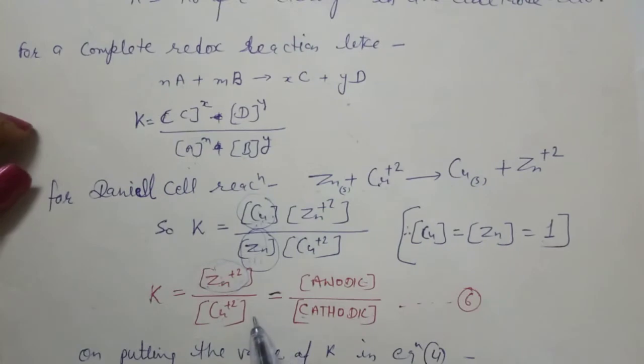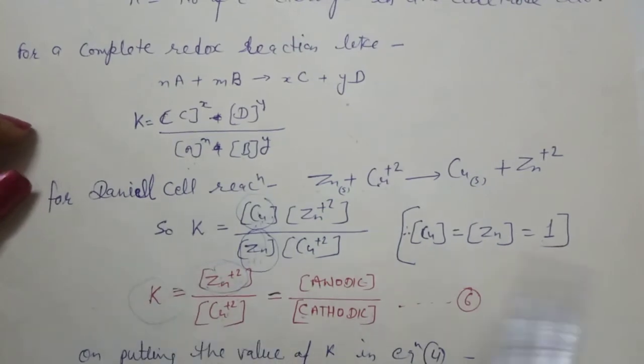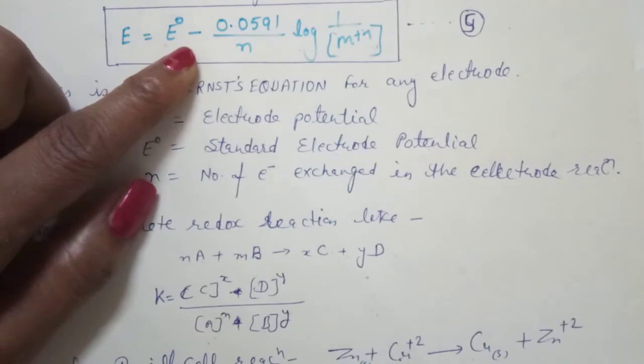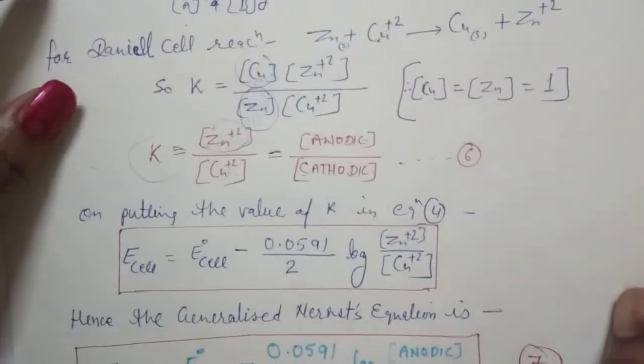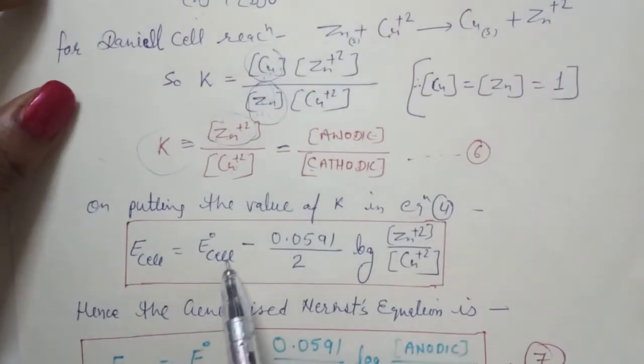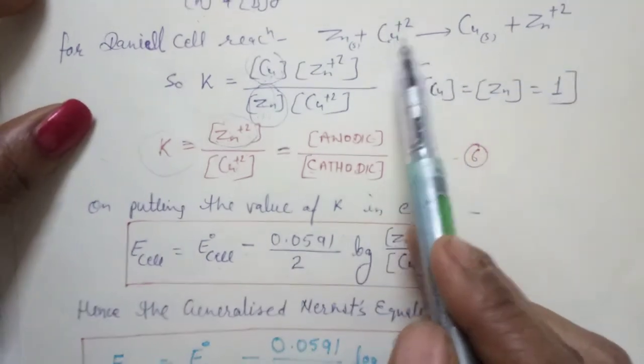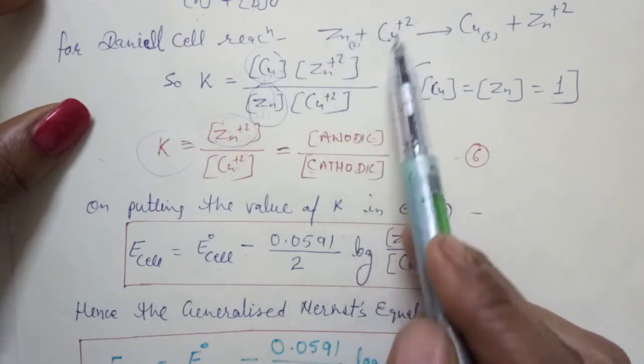So we can place the value of K in the Nernst equation. Then we get E cell is equal to E° cell minus 0.0591 upon 2 log [Zn²⁺] upon [Cu²⁺]. Why 2? Because 2 electrons are lost or gained.